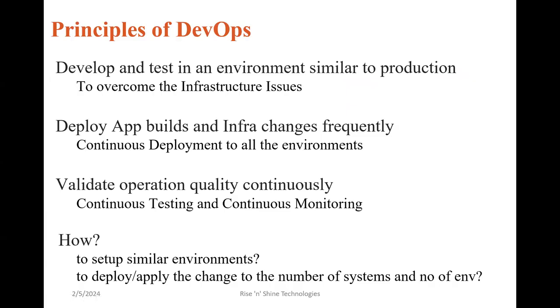Five keywords: continuous integration, continuous delivery or deployment, continuous testing, continuous monitoring, and reduce the infra-related issues. That means whatever development is doing, or whatever infra-related issues we have, they should be identified in the development itself. Why are you waiting until testing or production? So, to reduce the infra-related issues. With these principles, we need to think about our process model, coordinating all the teams. That is our role.